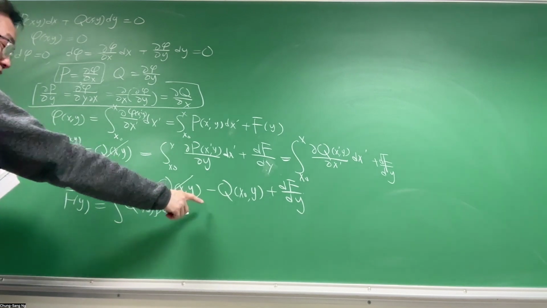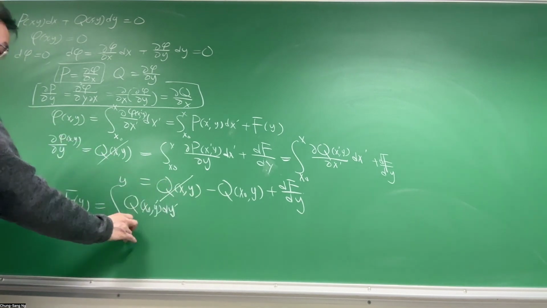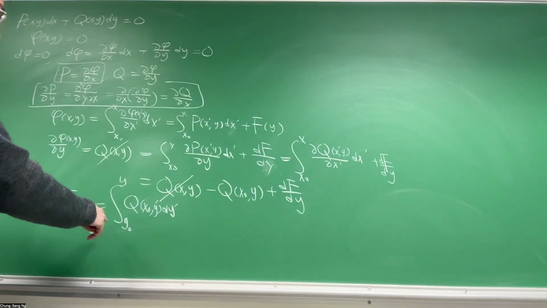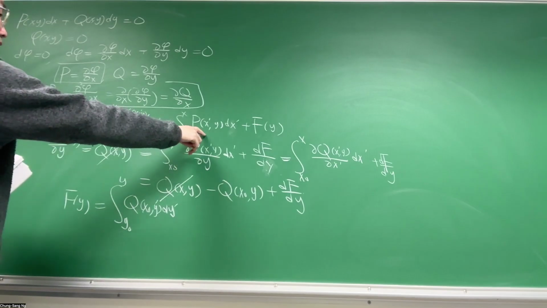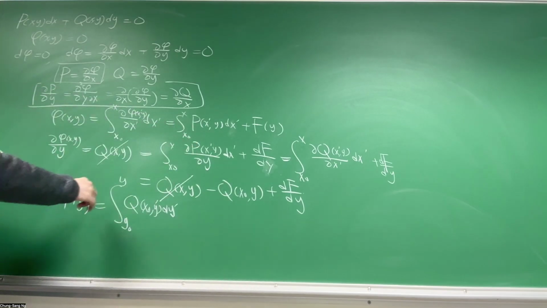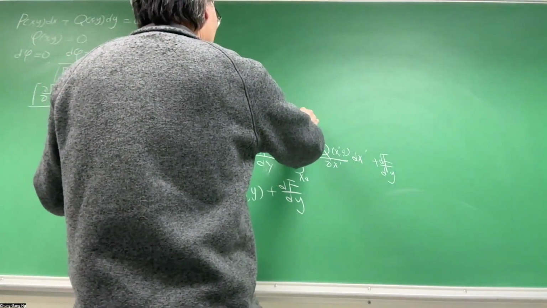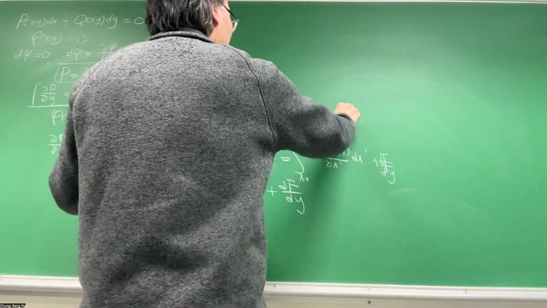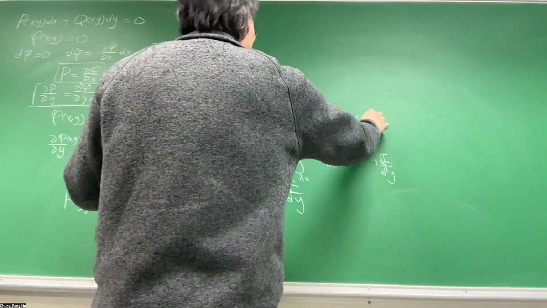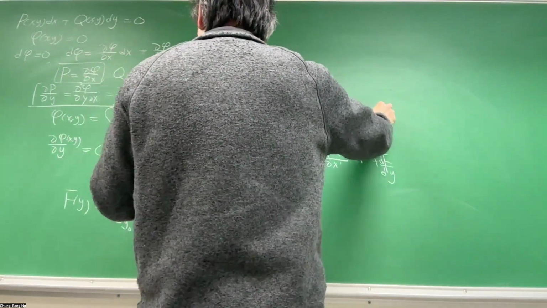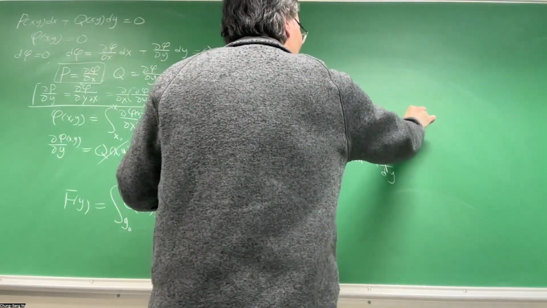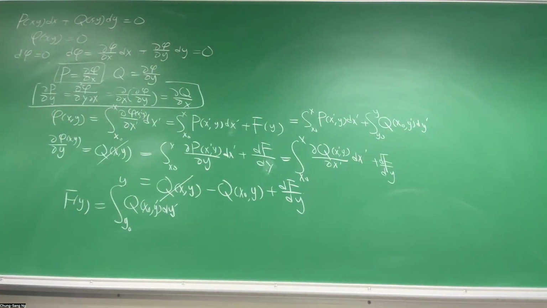But you can absorb the constant into the lower limit and set the lower limit as y sub 0 as a boundary condition, because you now add this to the other equation. So now the formula comes: the integral of P(x', y) dx' from x sub 0 to x, plus the integral of Q(x sub 0, y) dy from y sub 0 to y.